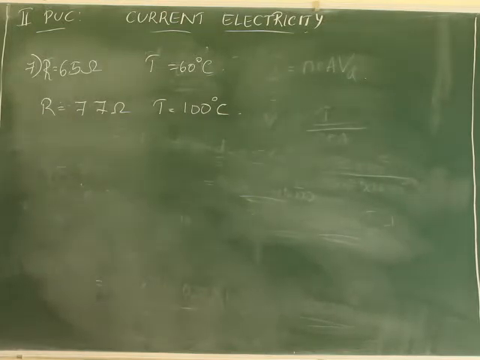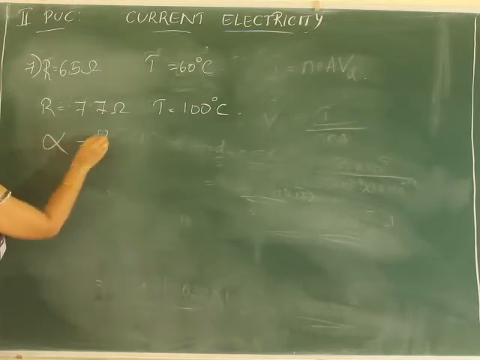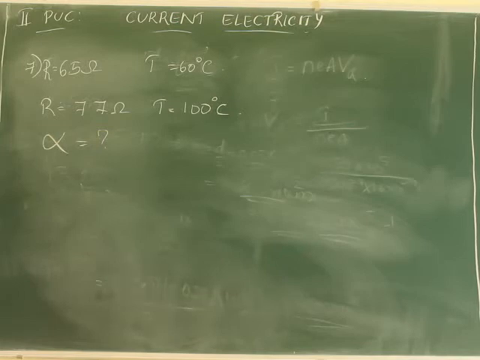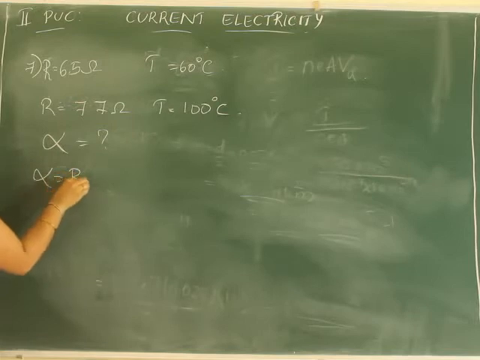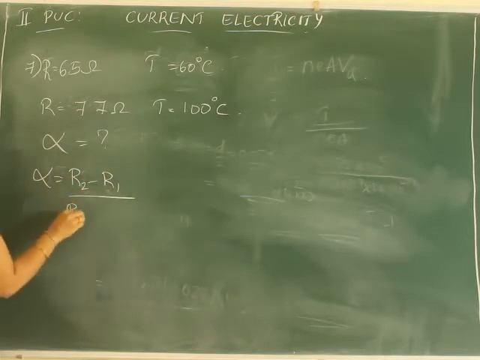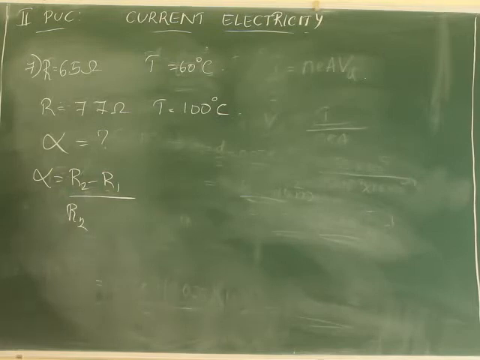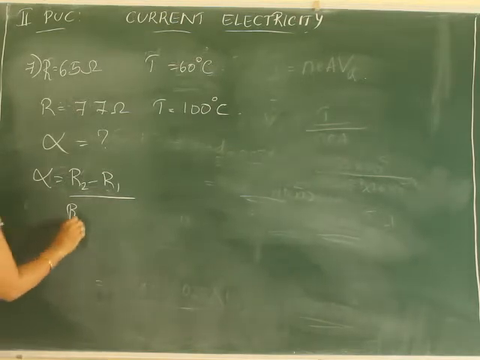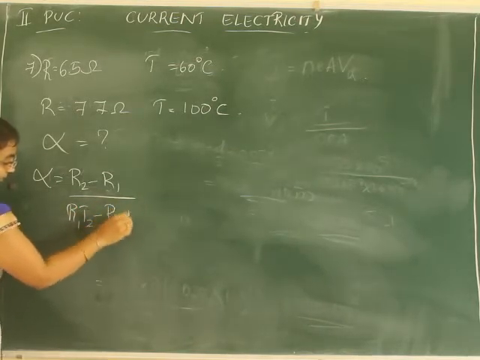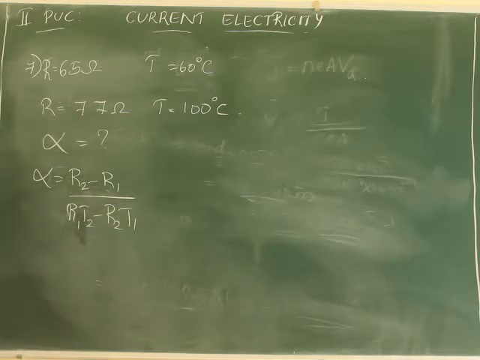Calculate the temperature coefficient of resistivity of the material of the conductor. That is, you have to calculate alpha. How to calculate alpha? Alpha is equal to R2 minus R1 by R1 T2 minus R2 T1... Okay, sorry, R1 T2. Am I right? Is this the formula? Use it and calculate.